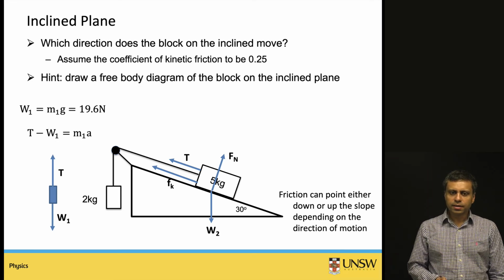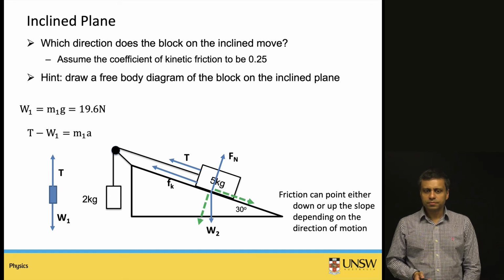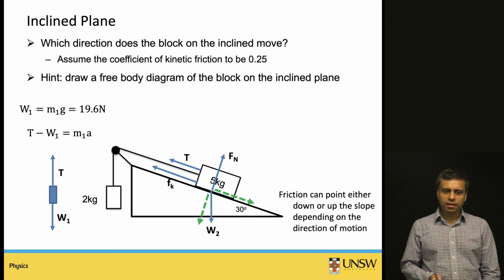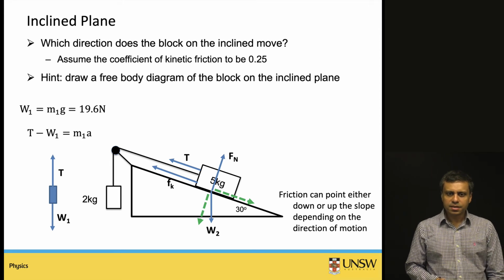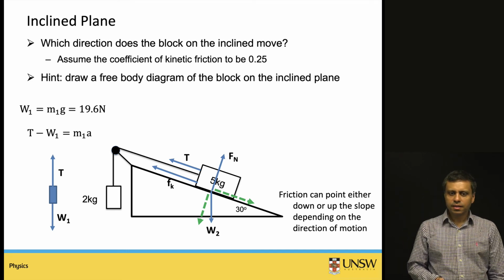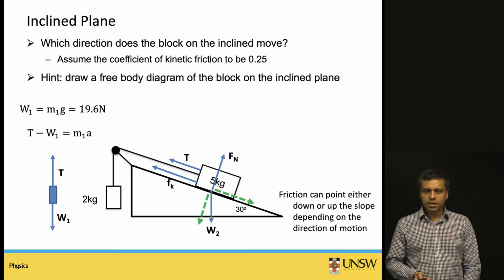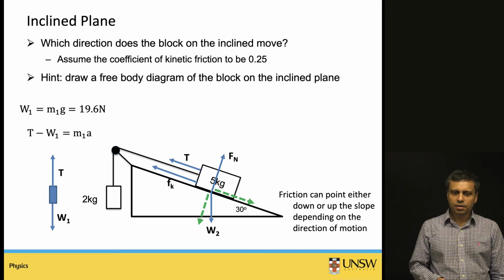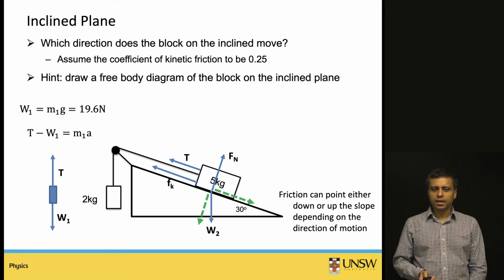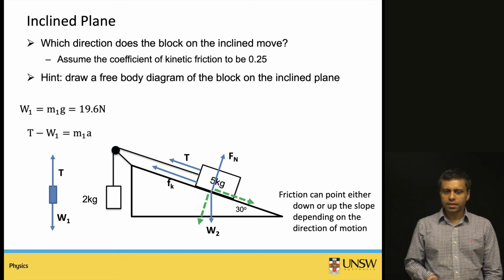Now let's look at the free body diagram of the 5 kg mass, and we need to assume a coordinate axis that lines up with the slanting surface. That will make the problem easier to solve. And we need to resolve the W2 weight into components along each of the axes, x and y axes. The coordinate system is shown in green by the green dotted arrows.